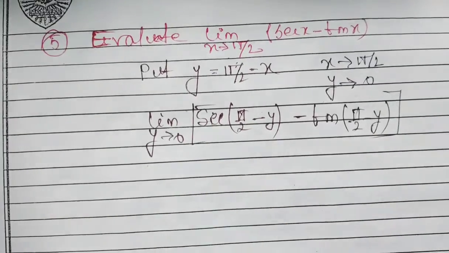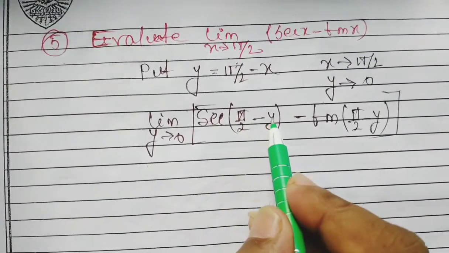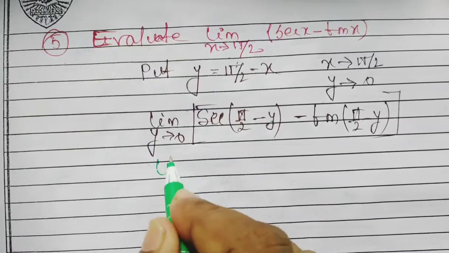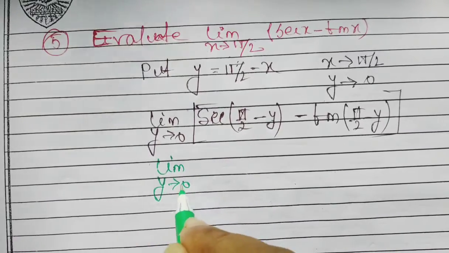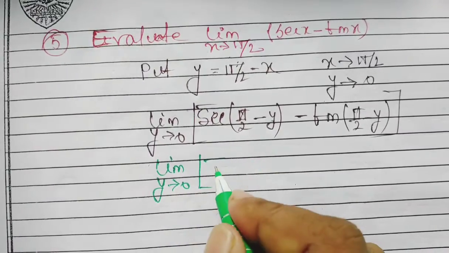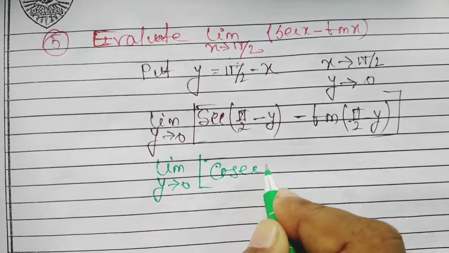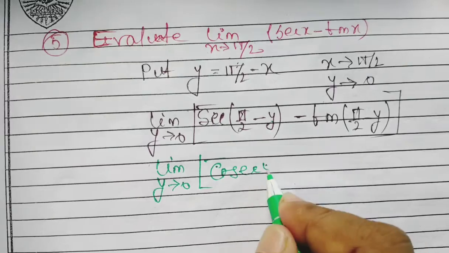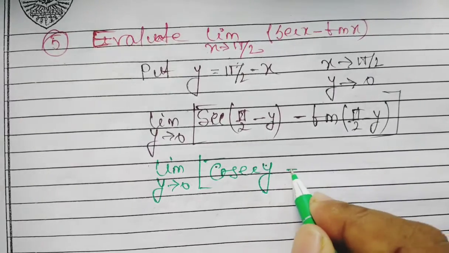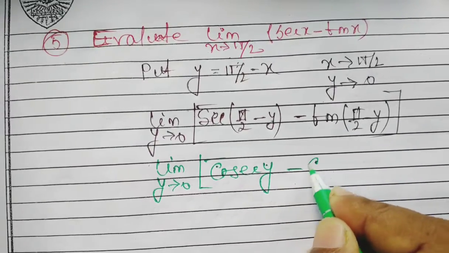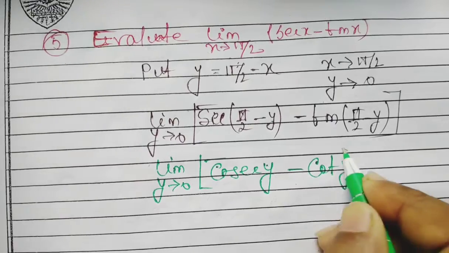Now sec (90 minus theta), this is the previous formula. So y tends to 0, sec (90 minus theta) means it will be cosec y, and tan (90 minus theta) means it will be cot y.